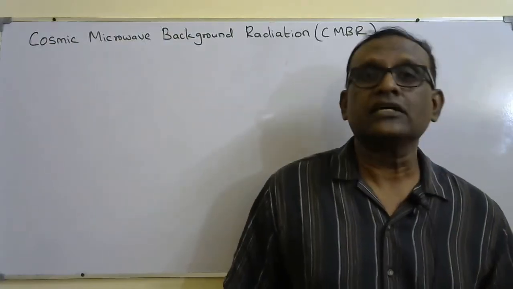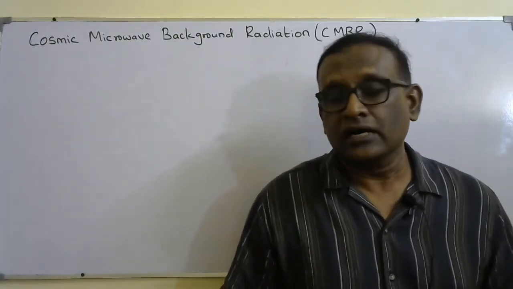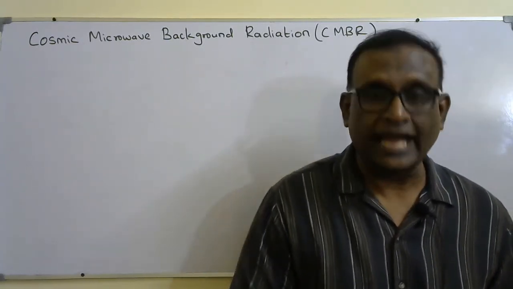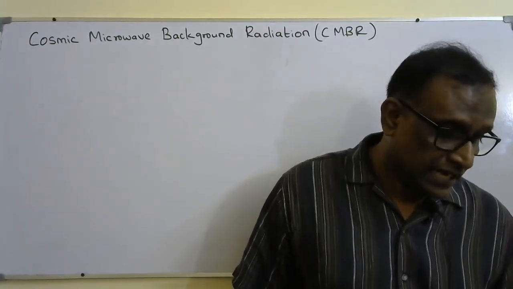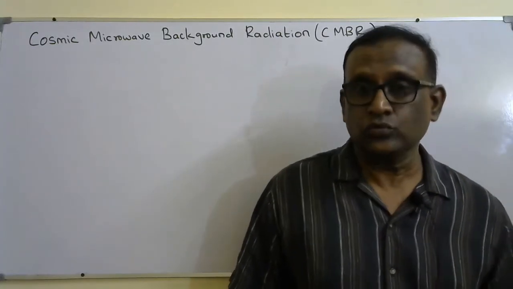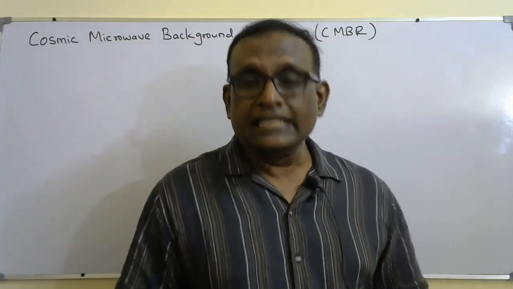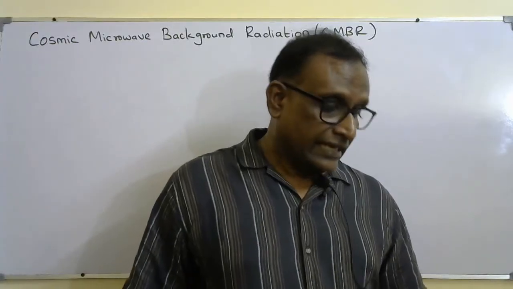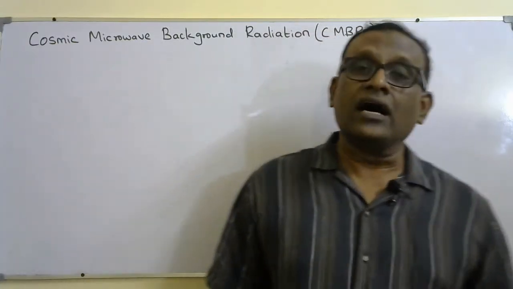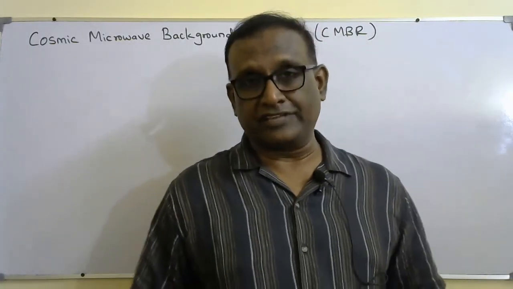But later, when the universe expanded and cooled down, these protons and electrons formed hydrogen atoms. When these hydrogen atoms formed, this process is called recombination. When hydrogen atoms formed from the protons and electrons, energy was released, and that energy was at that time high energy radiation, with high frequency.